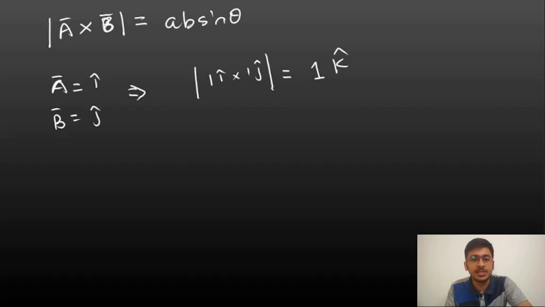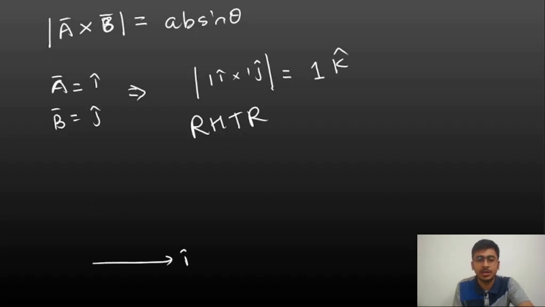And this is where our right hand thumb rule comes into the picture. What the right hand thumb rule says is, if this is the I cap direction and this is our J cap direction, then place your right hand on this I cap line.